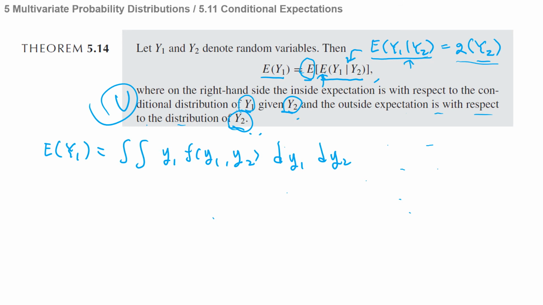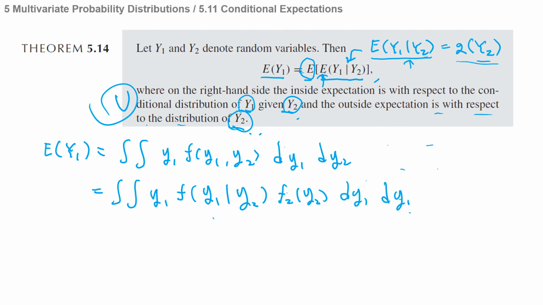And from here, if we have the conditional density function, then from the previous theorem we can write it as y1 times f of y1 given y2 times f2 of y2, dy1 dy2.